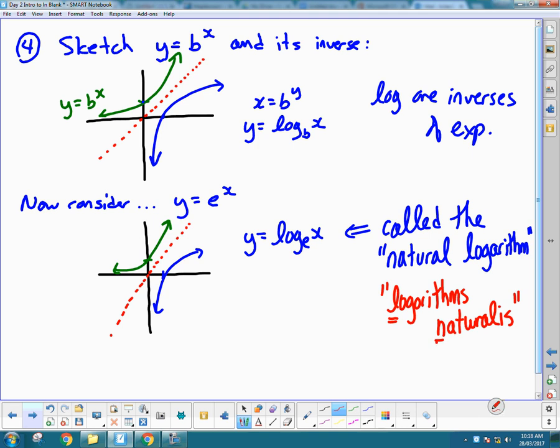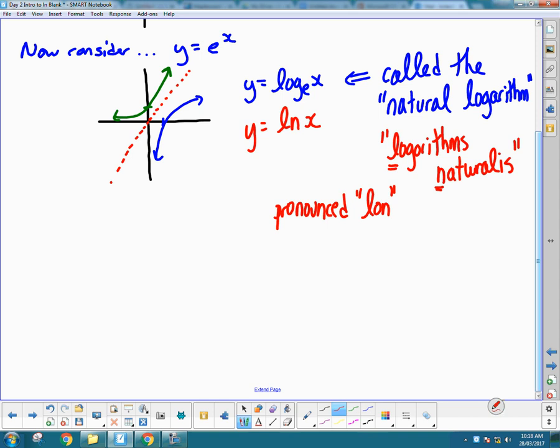So L and N, the logarithmus naturalis, and we have a new name for this special logarithm, and we call it ln. It's pronounced ln, not L-O-N, it's just L-N. And so ln of x is just a special name for this special logarithmic function with a base of e.